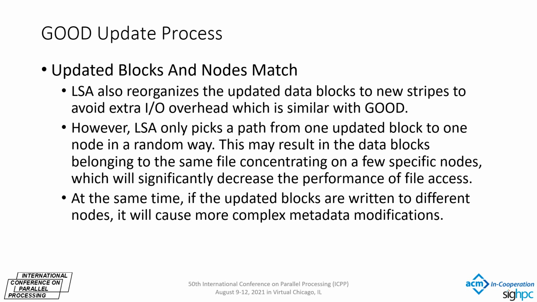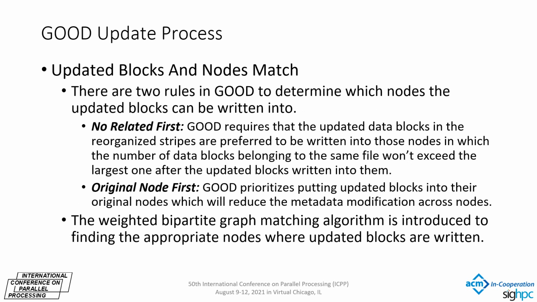This may result in the data blocks belonging to the same file concentrating on a specific new node, which will significantly decrease the performance of file access. At the same time, if the updated blocks are written to different nodes, it will cause more complex metadata modifications. There are two rules in GOOD to determine which nodes the updated blocks can be written into.